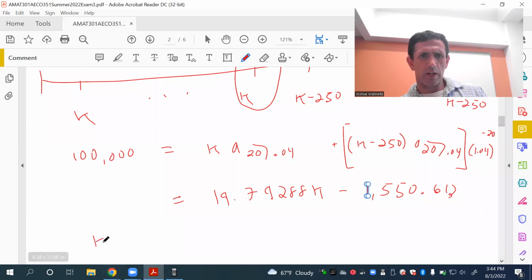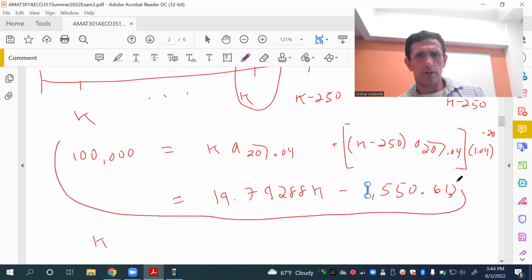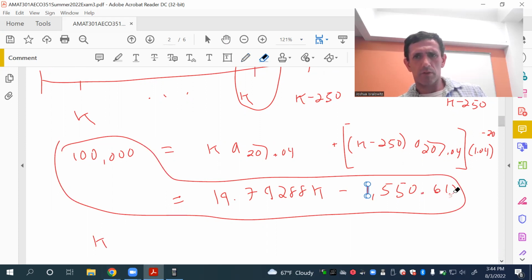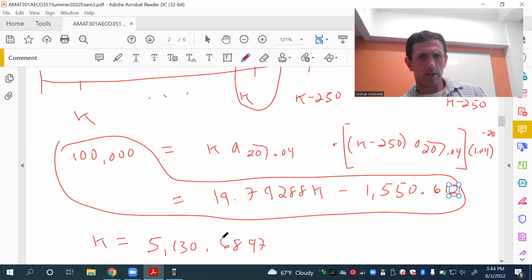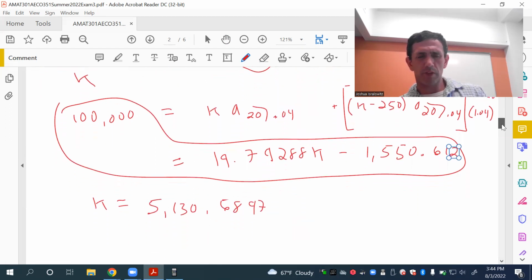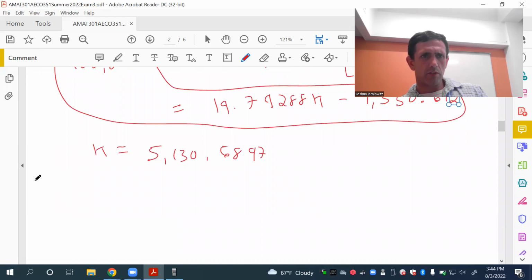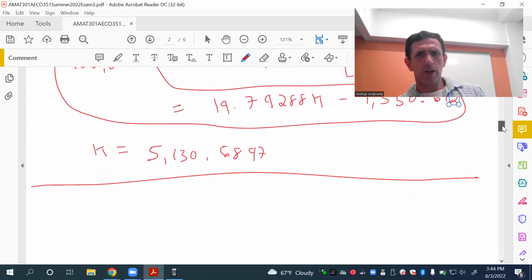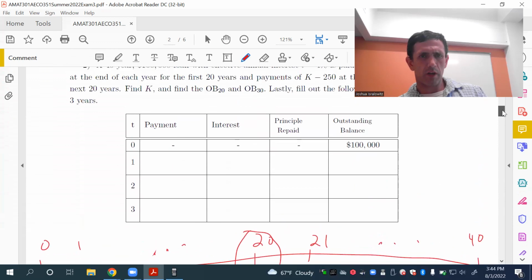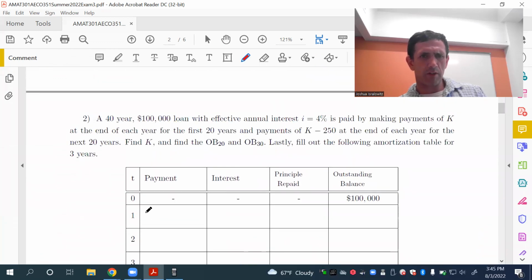And so solve for K here. K is 5130.689. All right, so let's do the table first. We have the payments rounded to the nearest cent to make life manageable here.